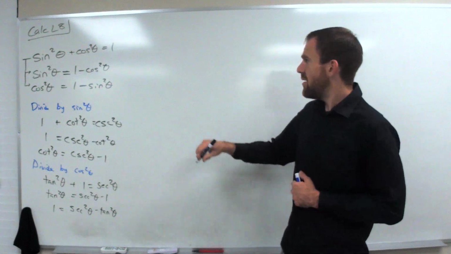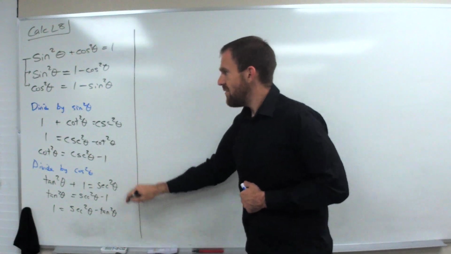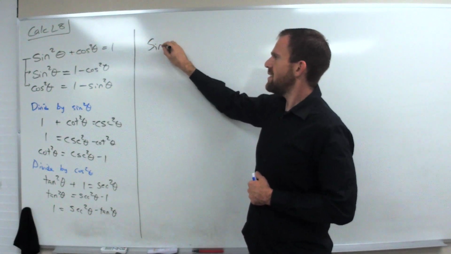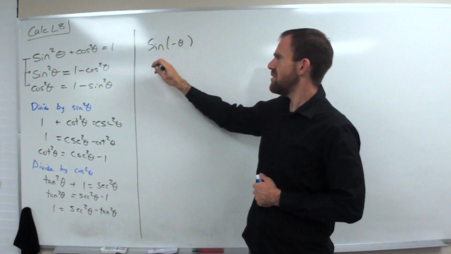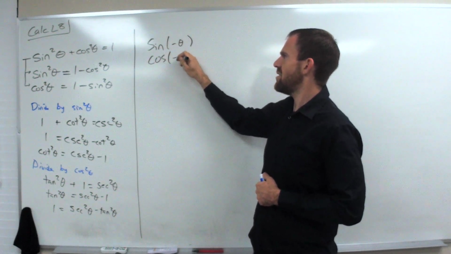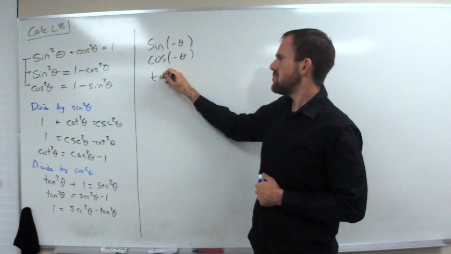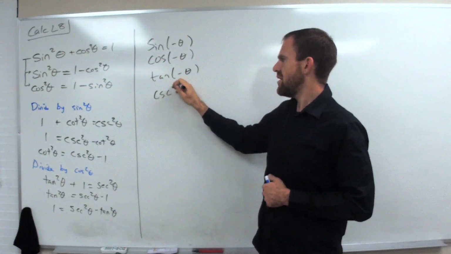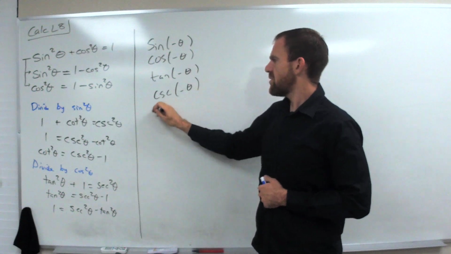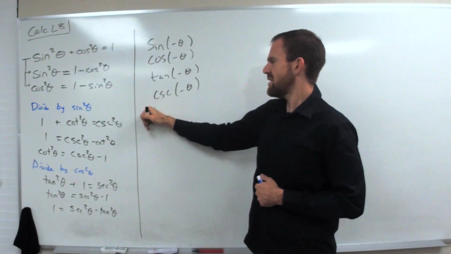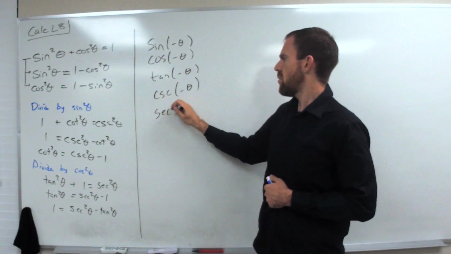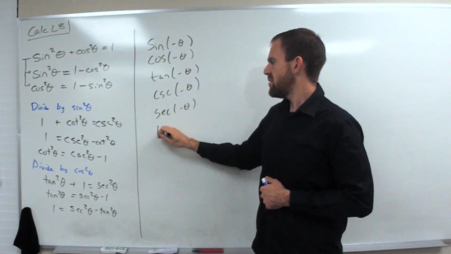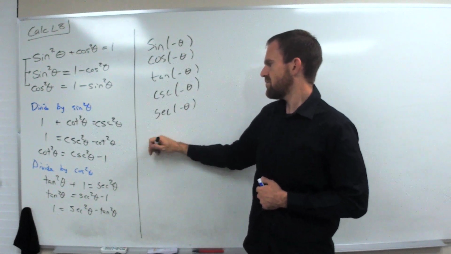Next, we're going to talk about identities that involve a negative angle. So we have sine, cosine, and tangent. If you know sine and cosine, you can find the rest. So we have cosecant, secant, and cotangent.